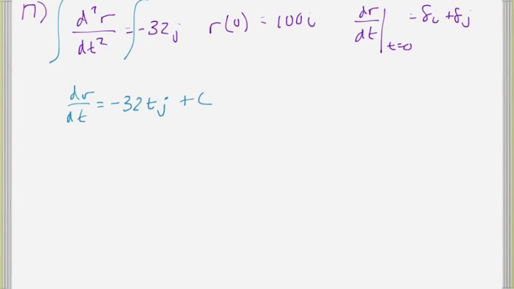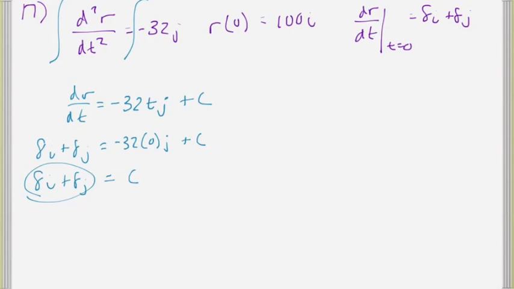Then, using that last piece of information, the first derivative should be equal to 8i plus 8j when t is equal to 0. So that means that c is 8i plus 8j.